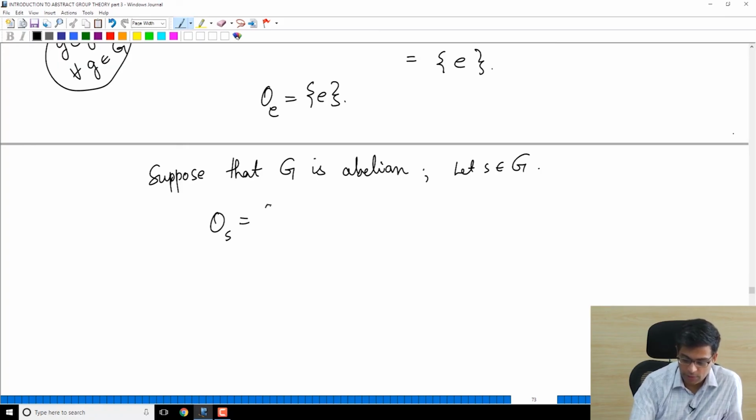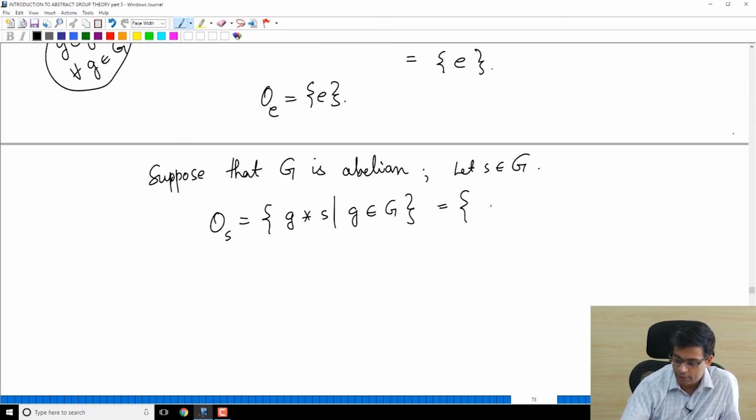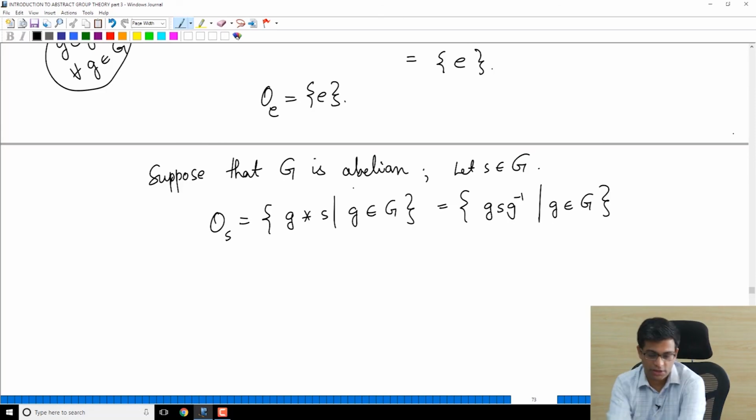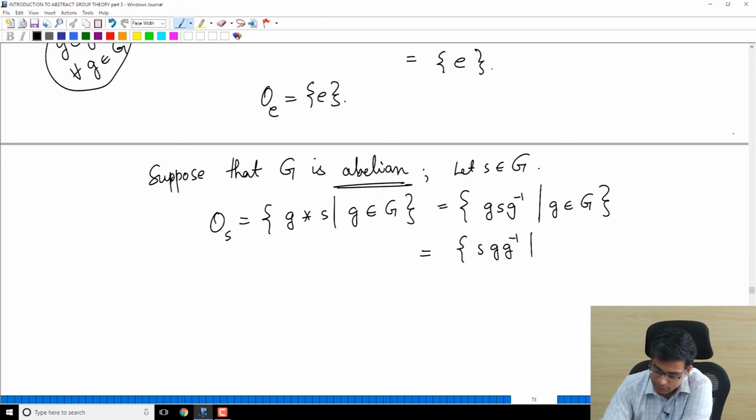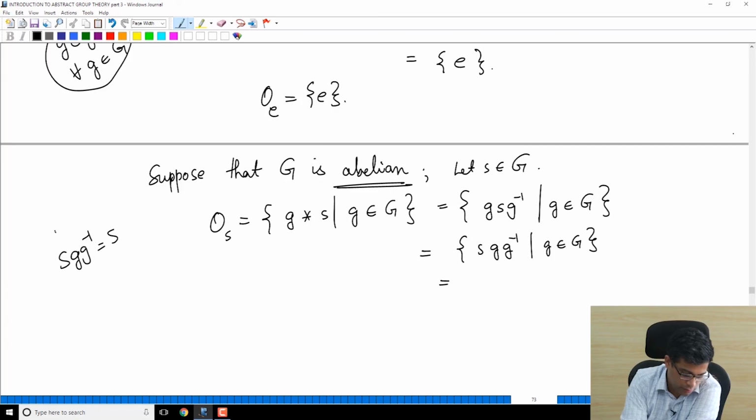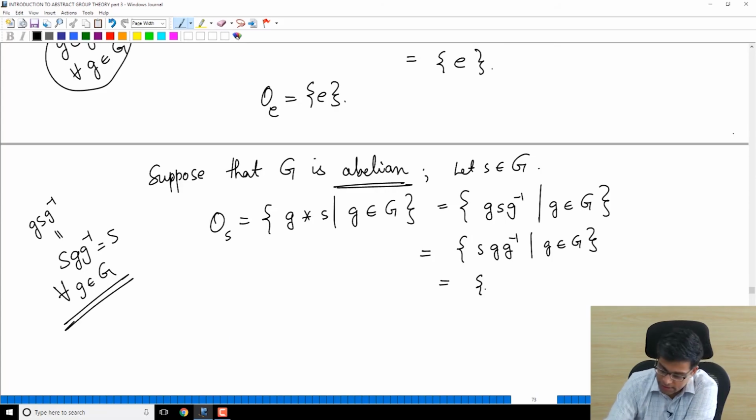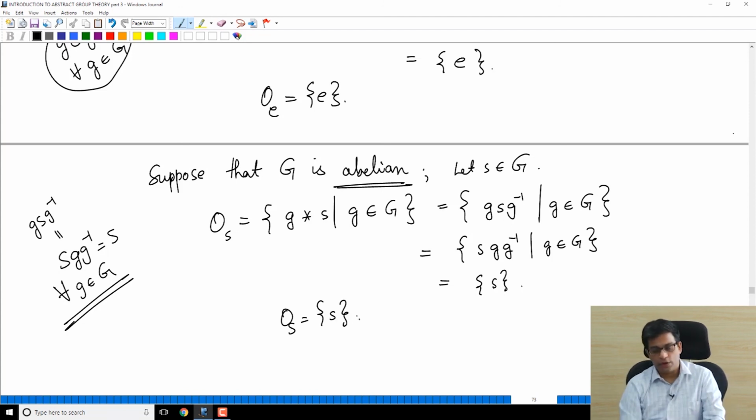Then OS is, by definition, G star S, G in capital G. This is by definition GS G inverse, G in G. I have now assumed that G is abelian, so this is the same as S G G inverse, G in G. But then S G G inverse is S, and this is true for all G in G. So this is just S. So if the group G is abelian, the orbit of an element is just that element.